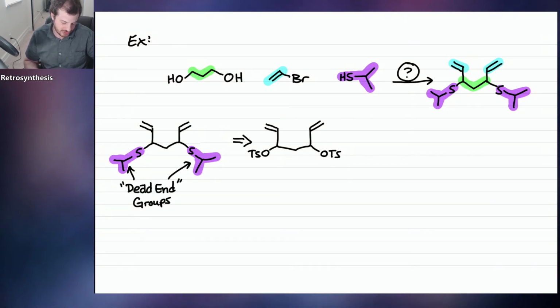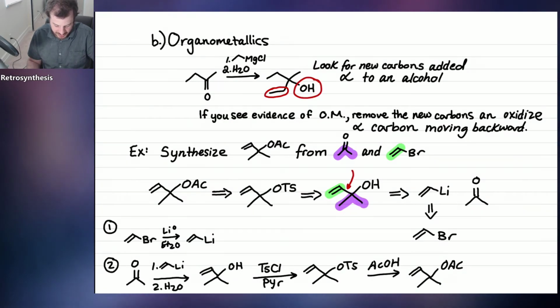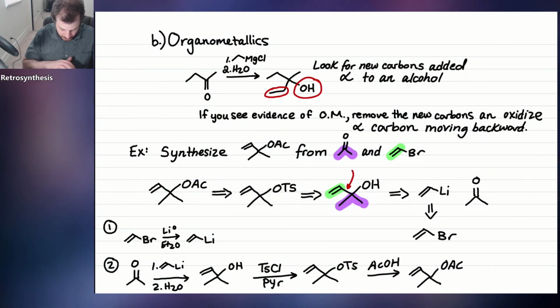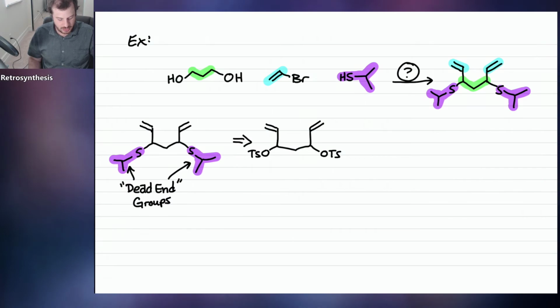Whenever you see dead-end groups in your molecule, remember, if I go back to that page here, one of our dead-end groups is SCH3, which is equivalent to what we have here. We have S carbon. It's not a methyl group, but it's an isopropyl group. It's the same thing. Dead-end group. So we put those on last. We make all the dead-end groups from tosylate.